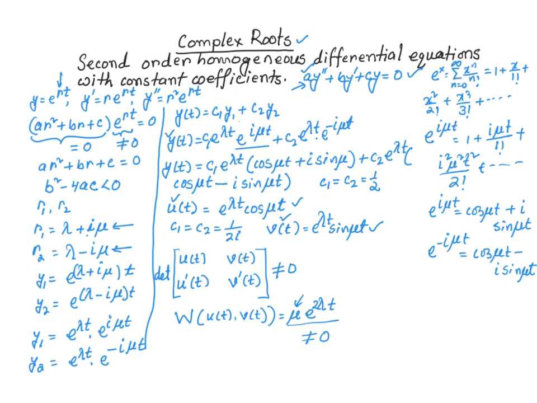So finally, your solution, let's call it y of t, is equal to c1, some constant, and this c1 may not be the same as the earlier c1, times e to the power lambda t times cosine of mu t, plus c2 times e to the power lambda t times sine of mu t.